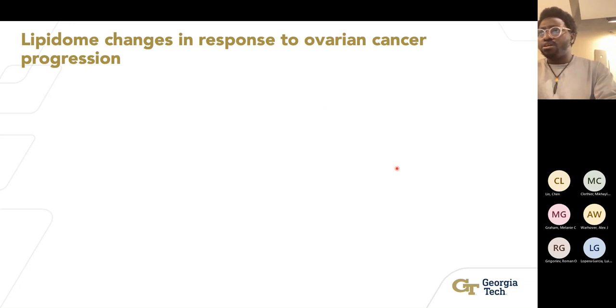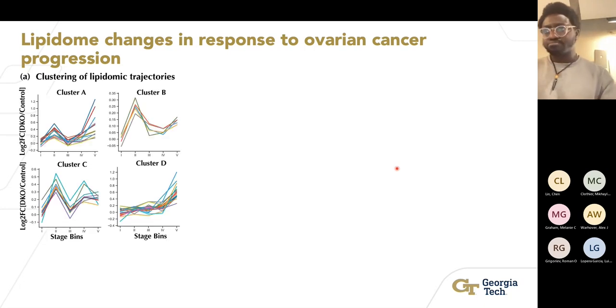Okay. So the lipidome actually changes in response to the ovarian cancer. And the lipidome essentially represents the totality of the lipids that are present, in this case, in the serum sample. So we are looking at the blood. What I am showing is the clustering of these lipidomic trajectories.